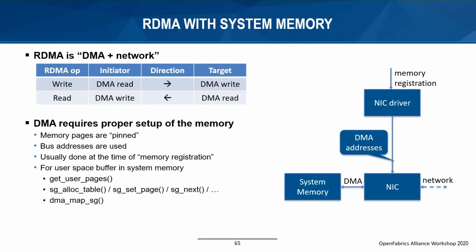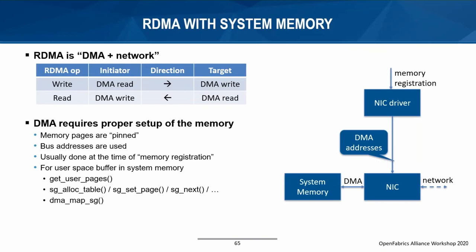This is usually done in advance with a process called memory registration. The NIC driver will provide all the information needed to do the address translation, providing the DMA address as a list to the NIC. The NIC will save this internally in something like a memory translation table.